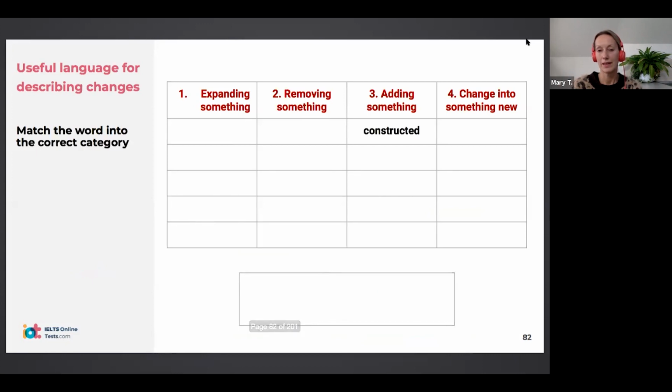Three, that's right. Okay, next one, demolished. Two, yep. Made bigger. One, good. Renovated. Four, that's right. Removed. Two, yep. Developed. One, yes, good. Built.